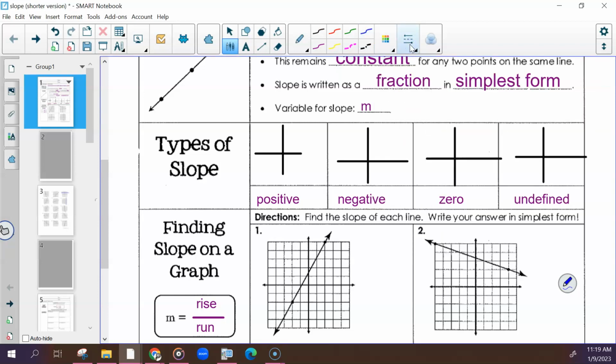So for a positive slope, it's going to look something like this. If you are looking at this left to right, and we're looking at our rise first over our run, this is going up and to the right. But you can also look at it the opposite way.